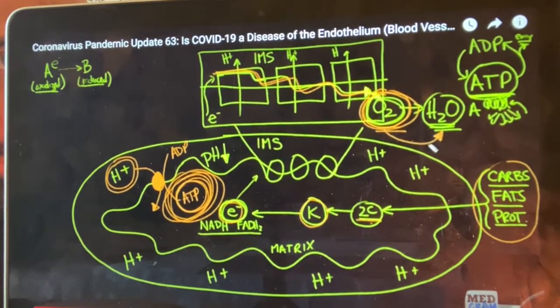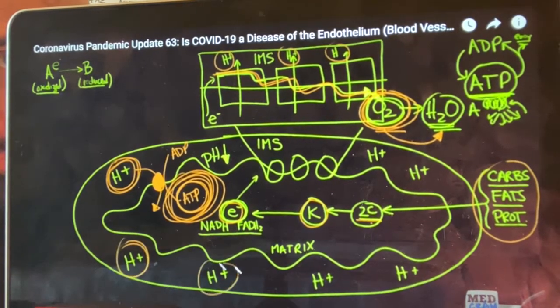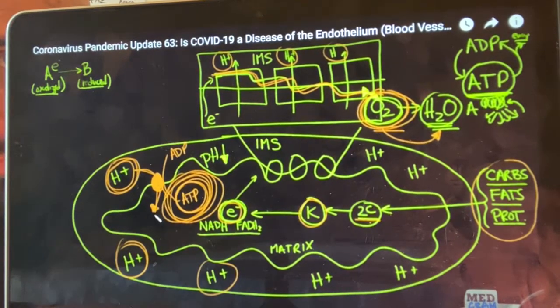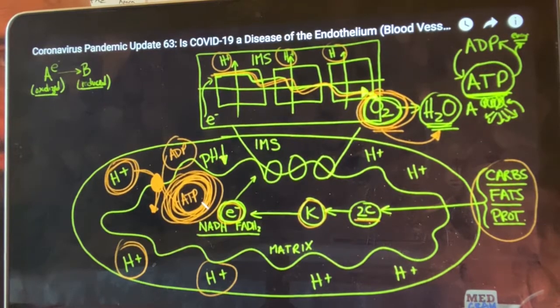It reduces the oxygen to water. But in the process of this electron transport chain, we get protons, which are put into the intermembrane space. This builds up with a lot of concentration, and then it comes down from the intermembrane space into the matrix, coupling ADP into ATP, and now the body has energy.